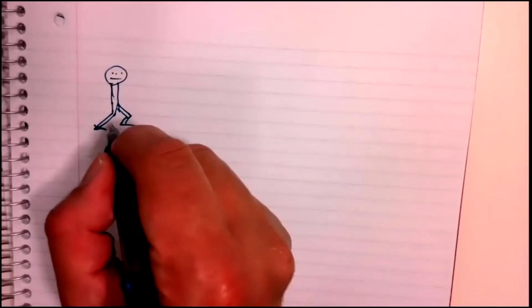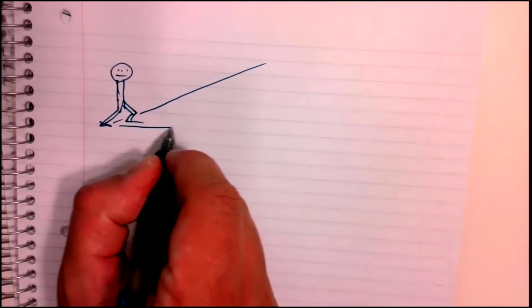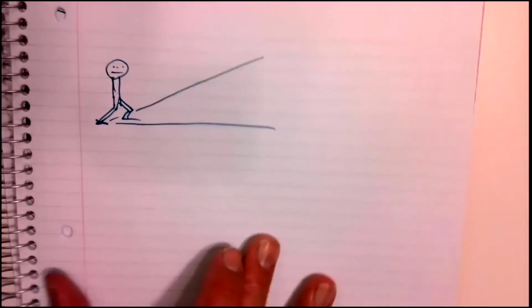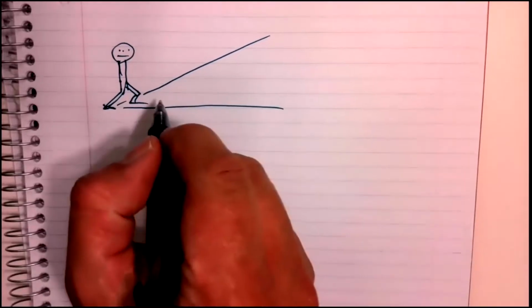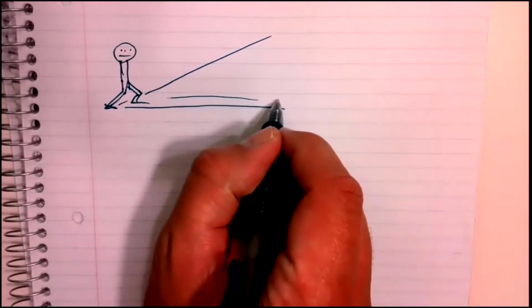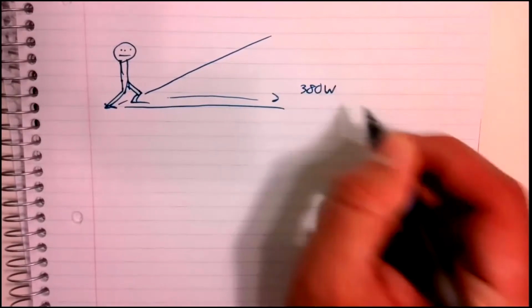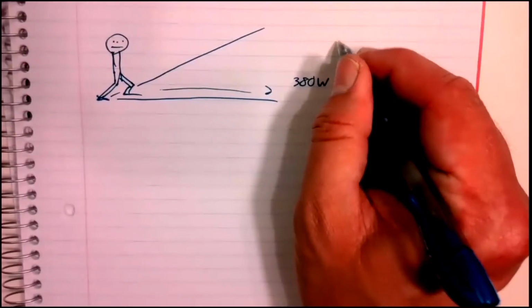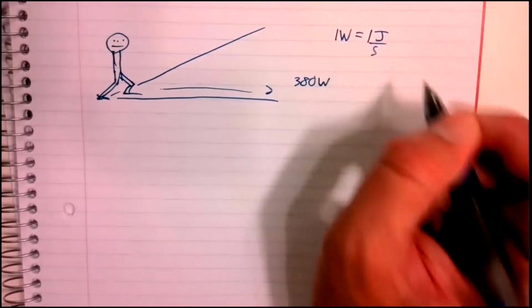They are going up this plane, and the problem says that the normal power is 380 watts to walk on level ground. So to go across this distance is 380 watts. Now, let's remember that 1 watt is equal to 1 joule per second.